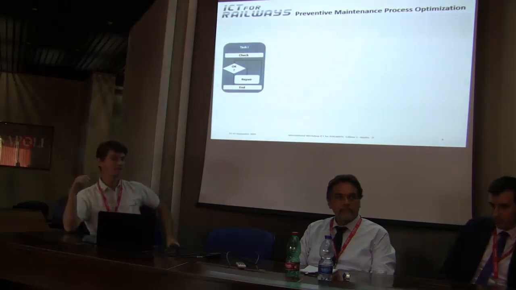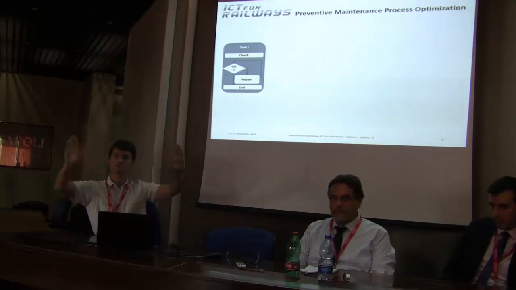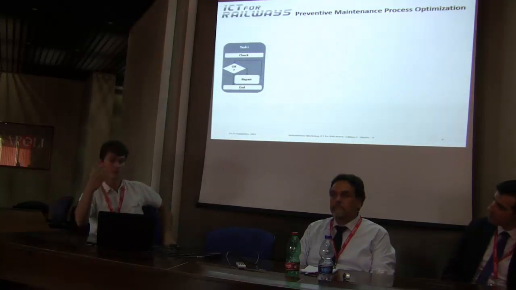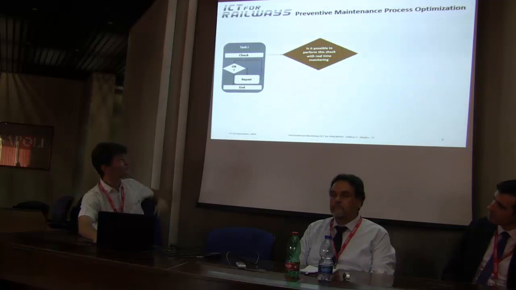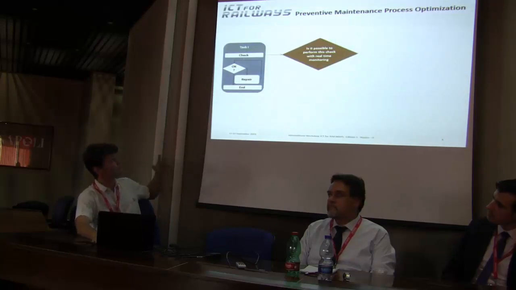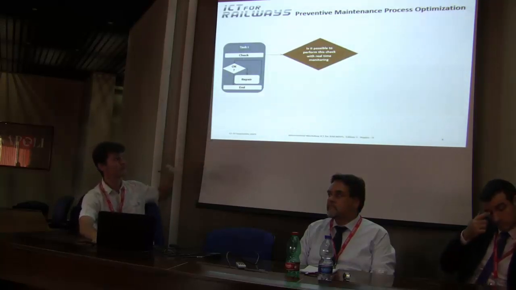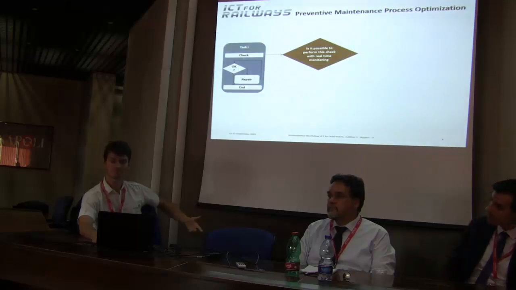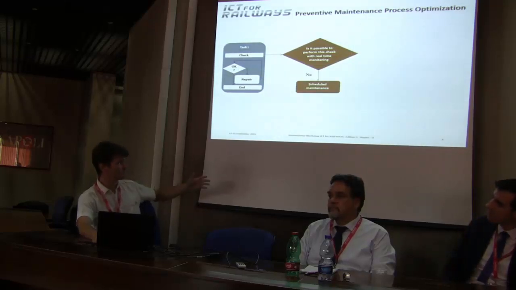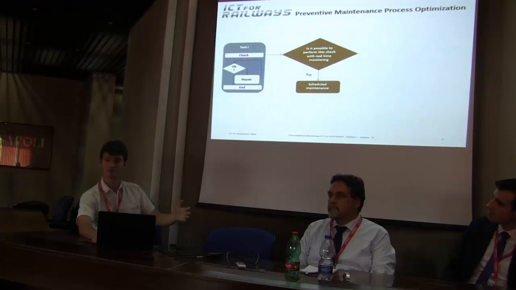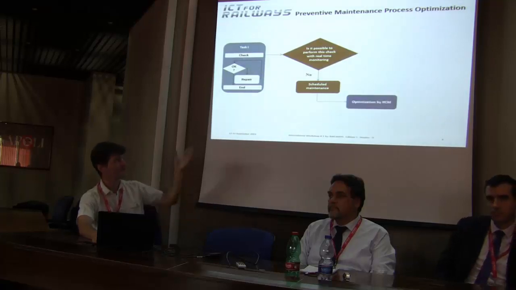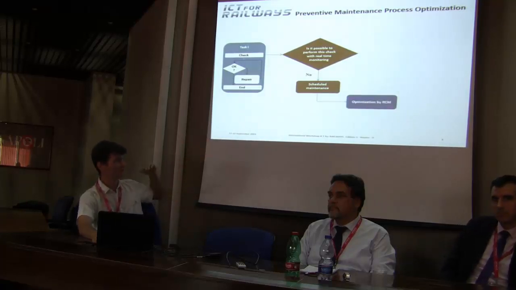For instance, you can measure the distance between the two panels of the door during the opening, or you can measure the tension of the belt. So the first question is, for the task, is it possible to perform this check with real-time monitoring or not? If it's not possible, you can use the classical preventive scheduled maintenance, and you can optimize it with reliability-centered maintenance.